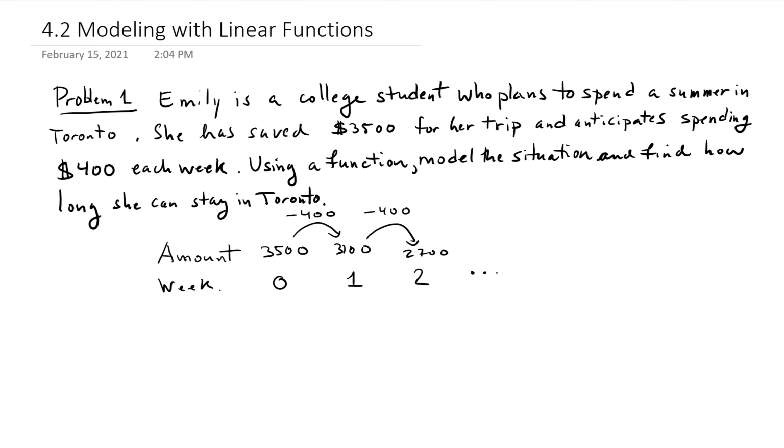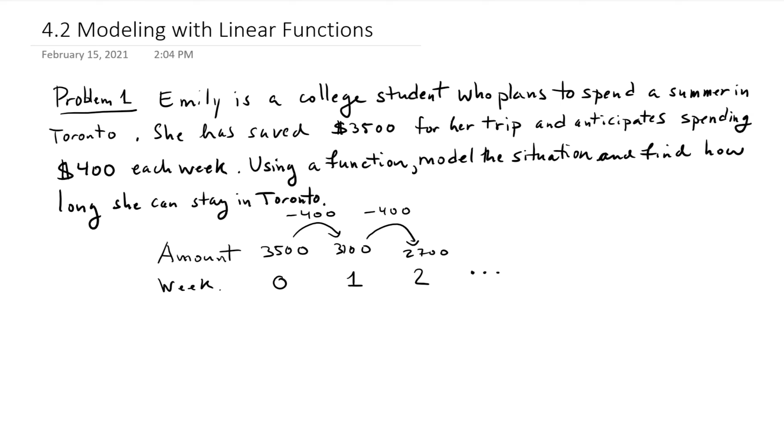So I can clearly see that given the week, I can define how much she has. It could be the other way around, right? We could say, depending on the amount, which week are we in? But ultimately, I'm trying to get the amount to 0, so I'd like that to be my output.